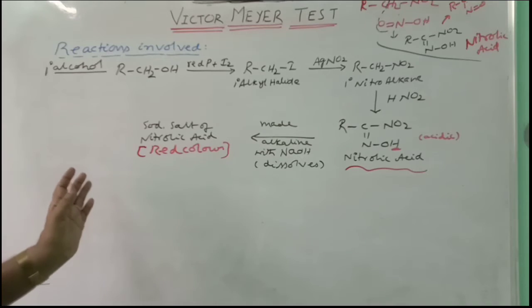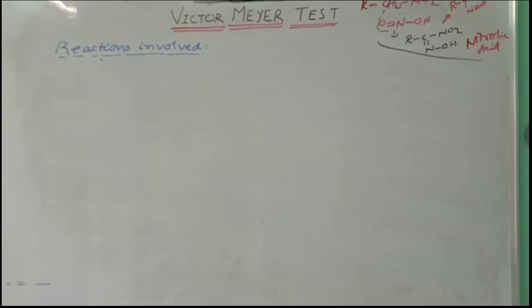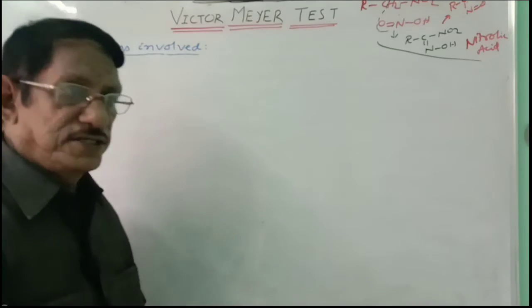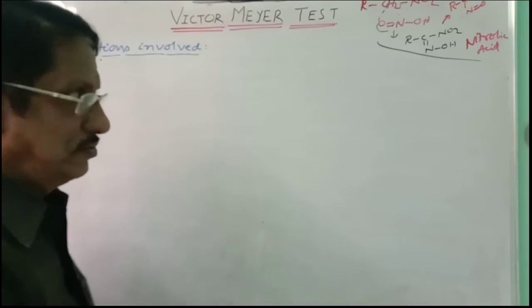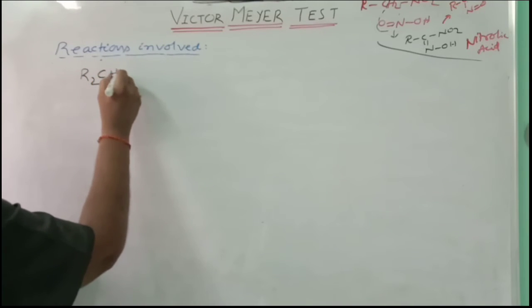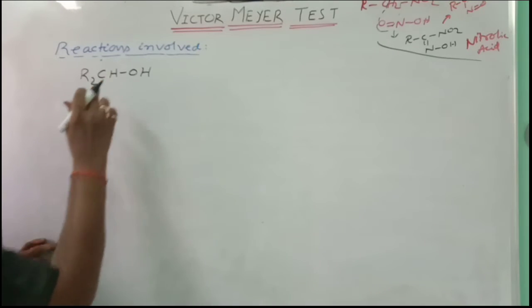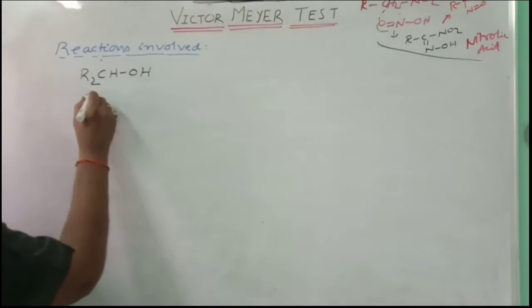Next, we will consider secondary alcohol. Please note it. Now let us consider the secondary alcohol reaction sequence. R2CHOH: the OH carrying carbon is carrying only one hydrogen, and so this is a secondary alcohol.